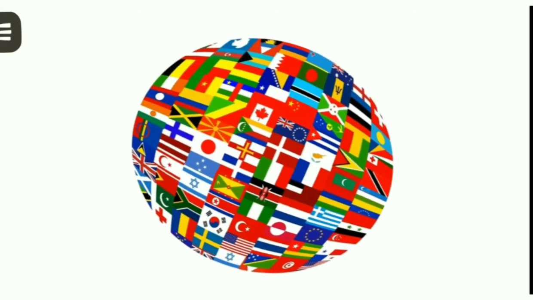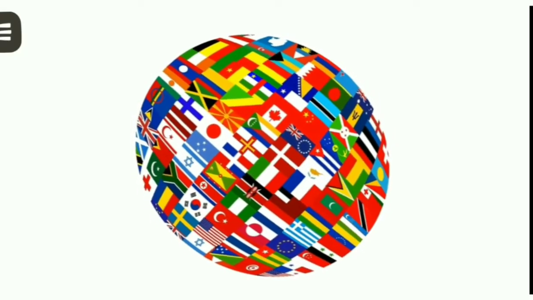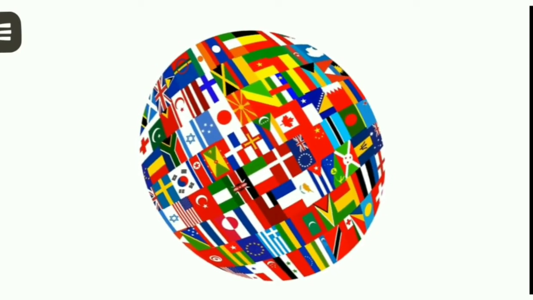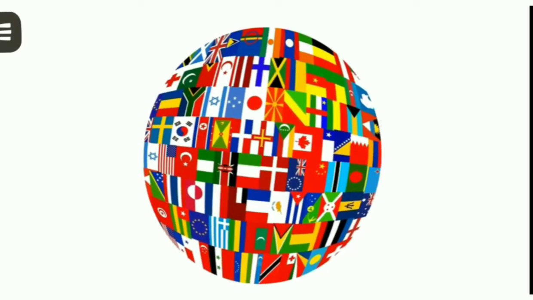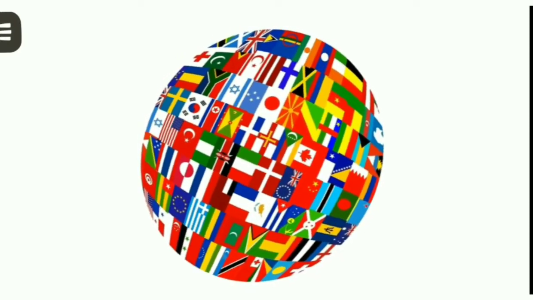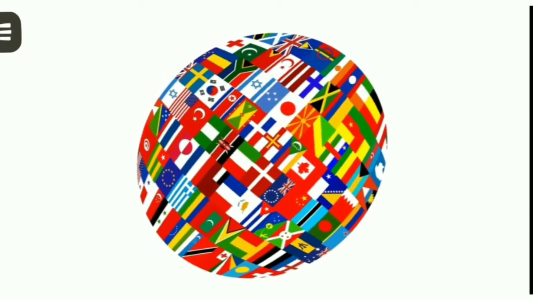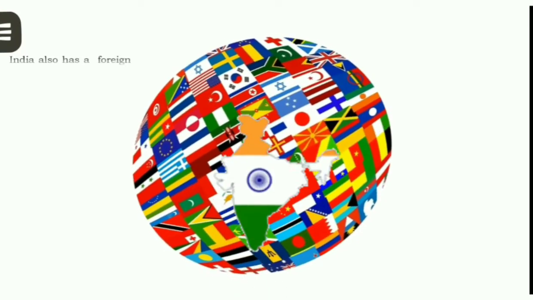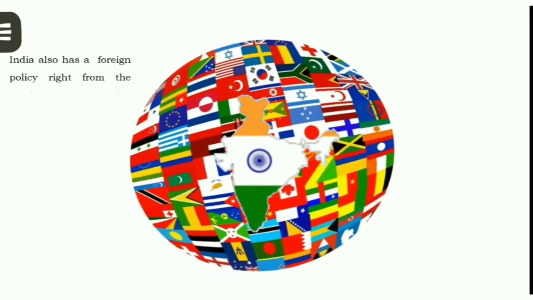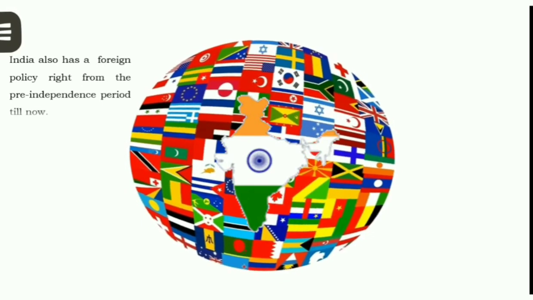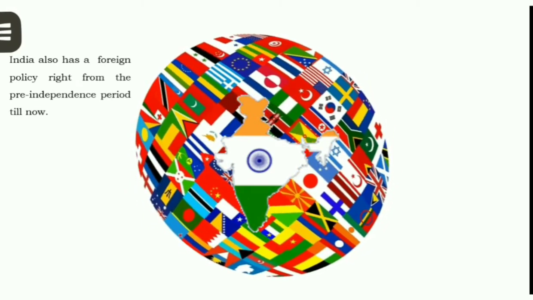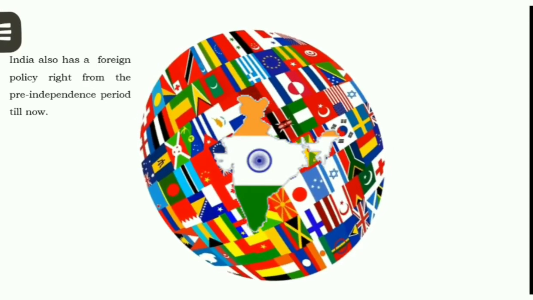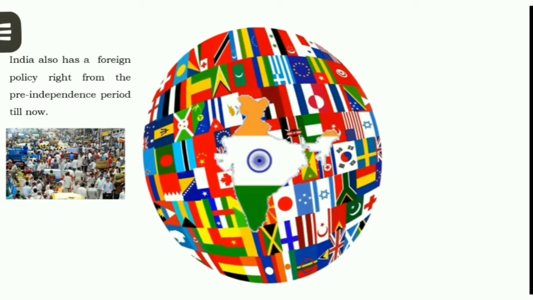There are different countries in the whole world, like America, that is the United States of America, India, Pakistan, China, Bhutan, Nepal, etc. All these countries have their own foreign policy. Likewise, India also has a foreign policy, the rules and regulations to deal with another country for trade and other purposes. It has existed from the pre-independence period and is available till now.